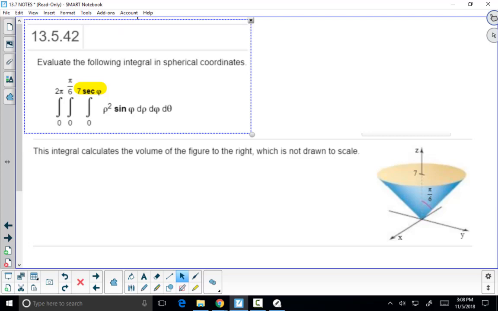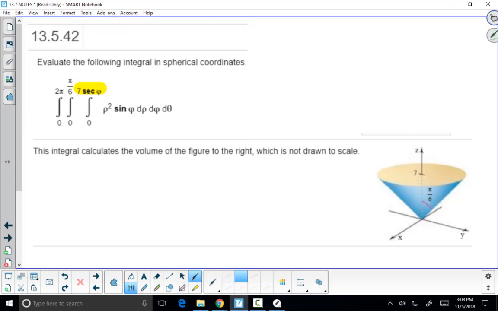When you think of secant, you think of a wiggly trig function that's repeating. So it's not obvious that that's a plane. But mathematically, it should be really obvious. We look at rho equals 7 secant of phi, and what do we do to both sides? Turn it into cosine. Yes! So this turns into rho cosine of phi equals 7.